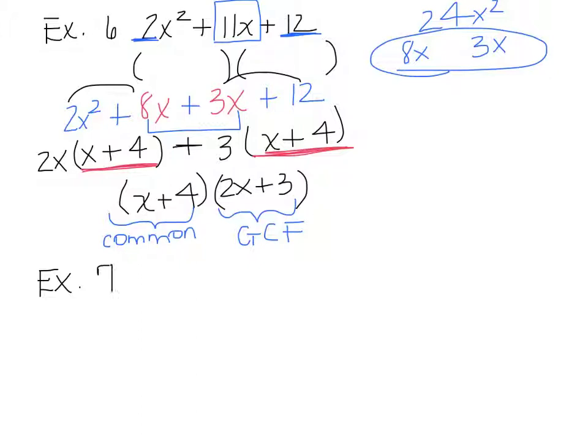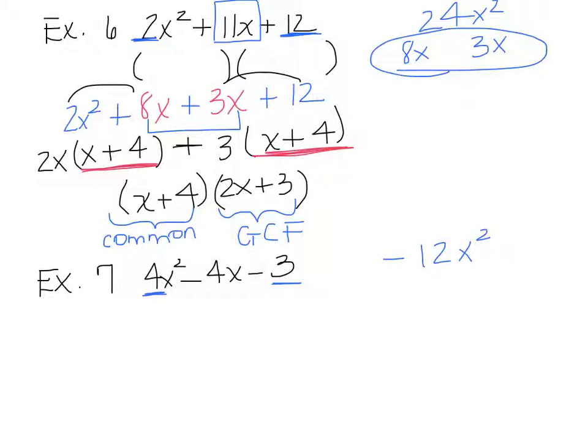Let's try another one. 4x squared minus 4x minus 3. Okay, remember you want to multiply your first and your last term, which is negative 12x squared. And you want to find 2 numbers that multiply to give you negative 12x squared and add to give you negative 4x.